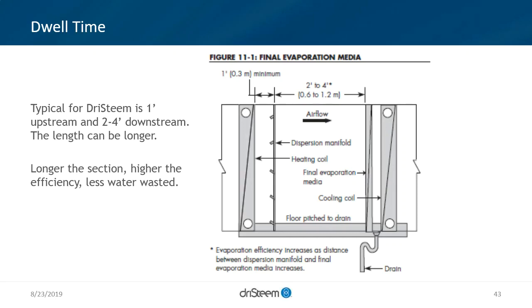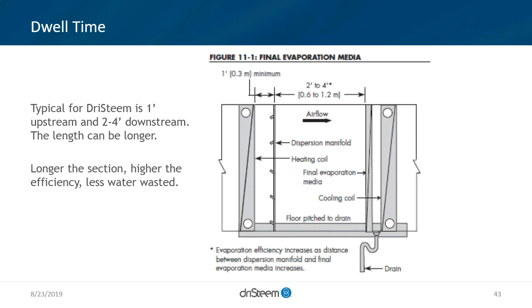So what we typically see is 2 to 4 feet downstream of the nozzles. The note for upstream is we're pointing those nozzles upstream, and we need a foot of distance in between our nozzle bank and the next closest thing upstream, whether that's a heating coil or anything else in that system.